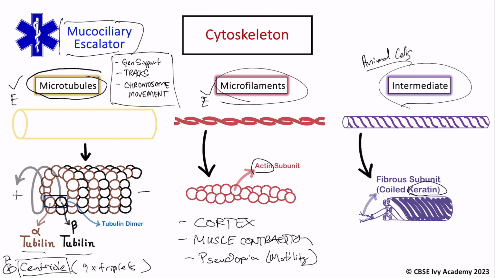Now the size of these subunits may vary. Microtubules and microfilaments are consistent in the diameter and composition of their subunits, but in intermediate filaments, it's more varied.